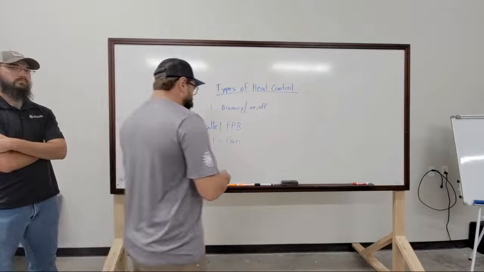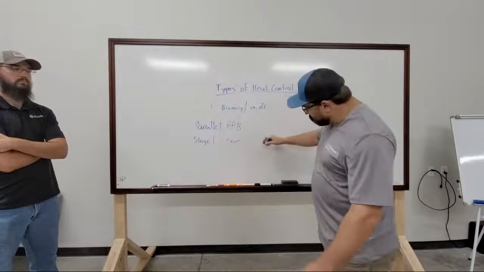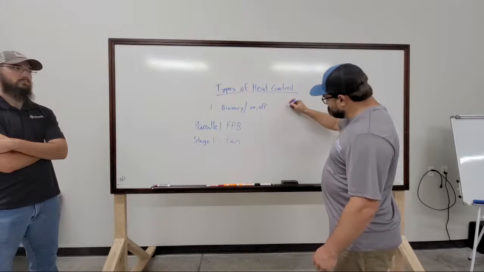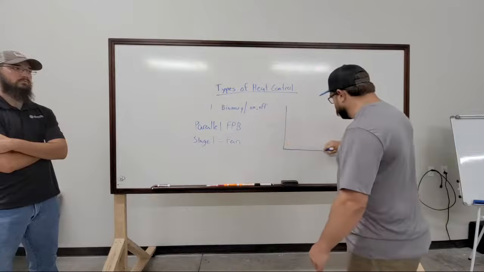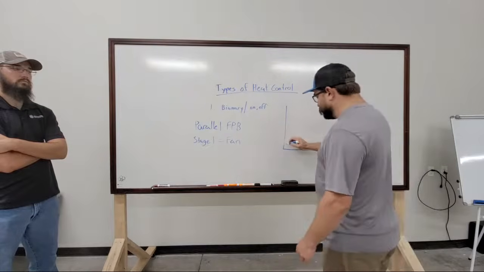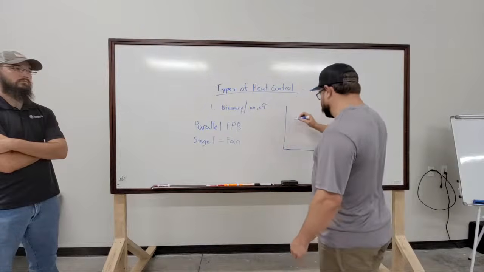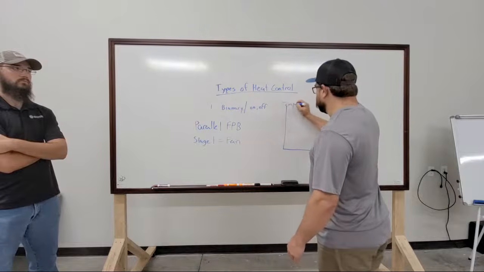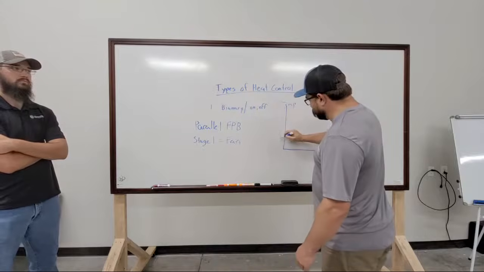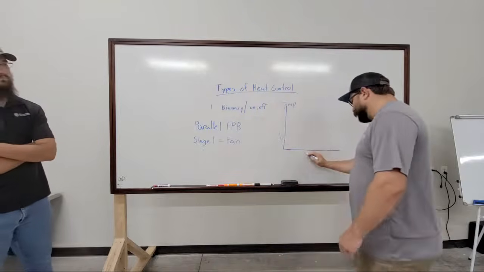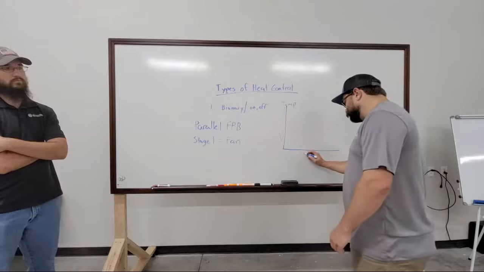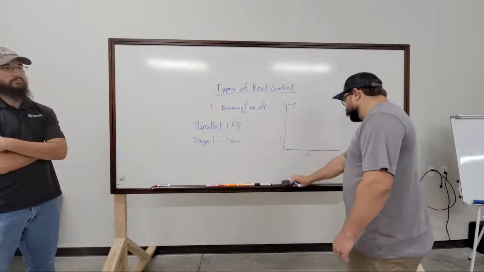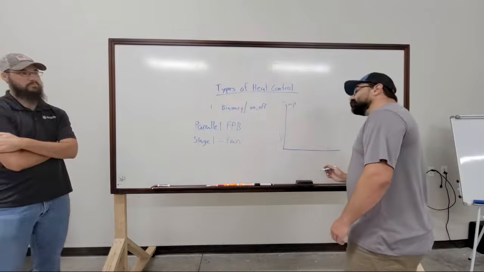As we deviate from set point, heating is what we call a reverse action control. So as the temperature goes down, so this would be temp, as it goes down, our control source, I guess, would be signal. Well, it's because it's not really a signal, but we'll call it an algorithm.